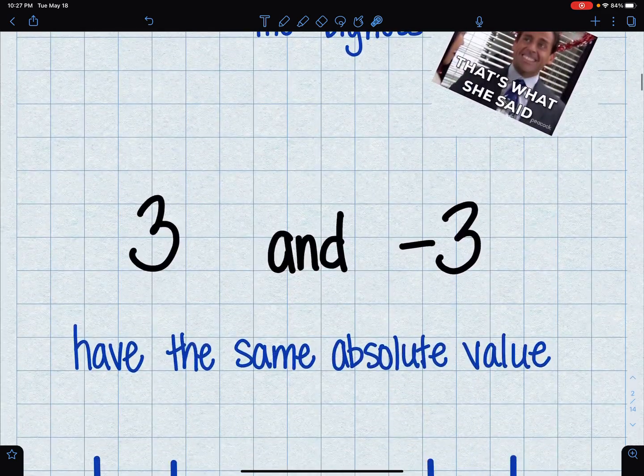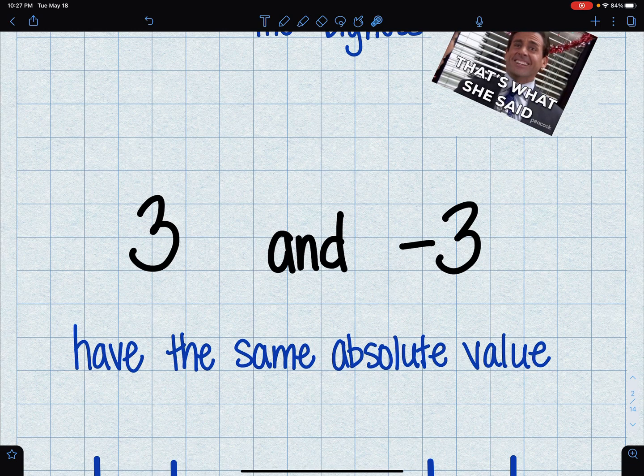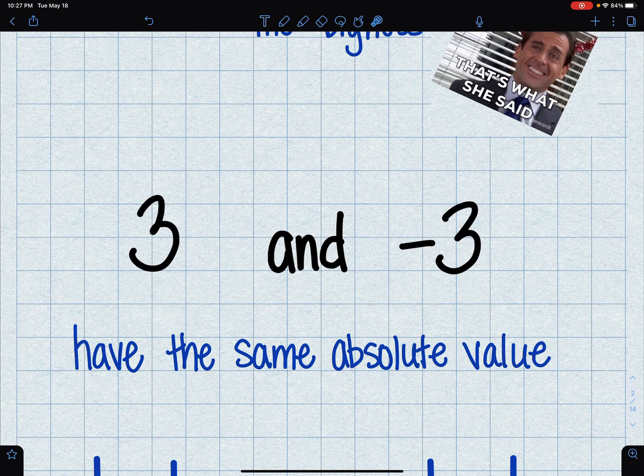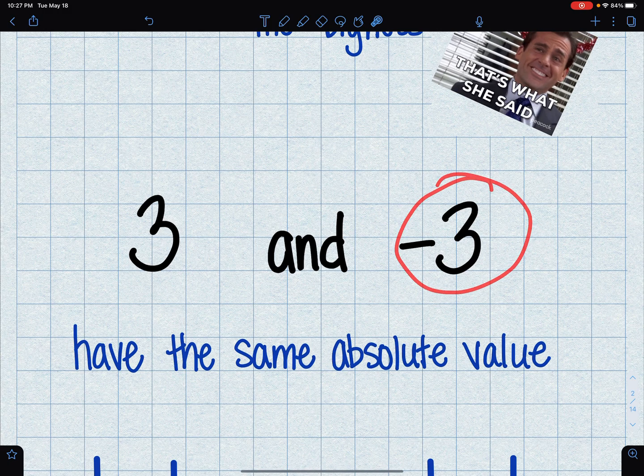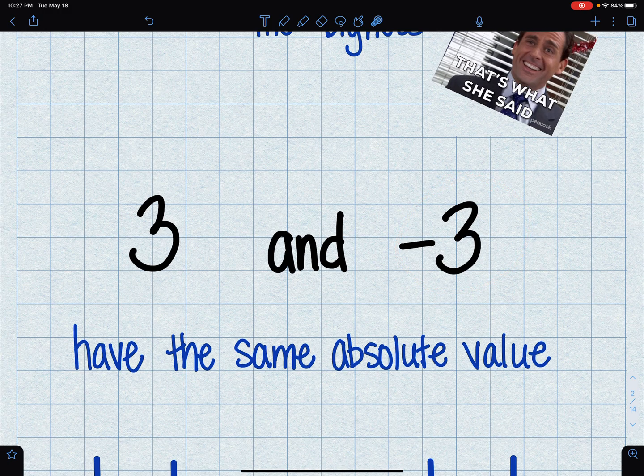All right, so the magnitude of the number, or sort of the bigness of the number, we call this quality the absolute value of the number. So when you're talking about the number 3 and the number -3, they both have an absolute value of 3.